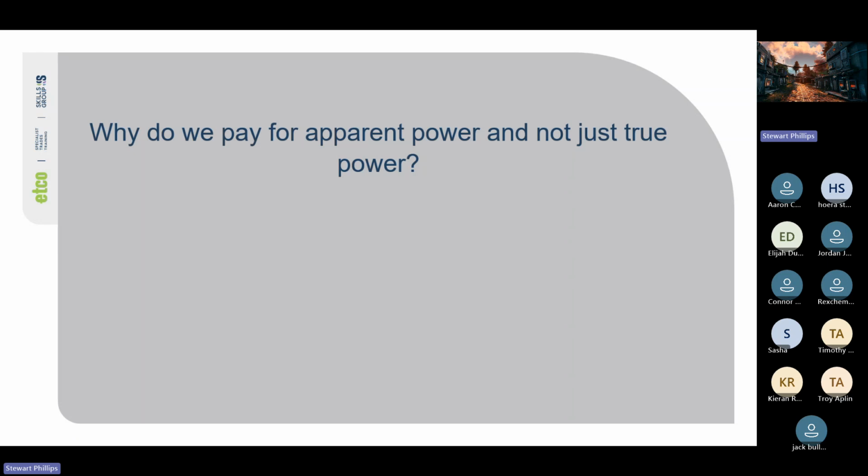Cool. So why do we pay for apparent power and not just the true power?